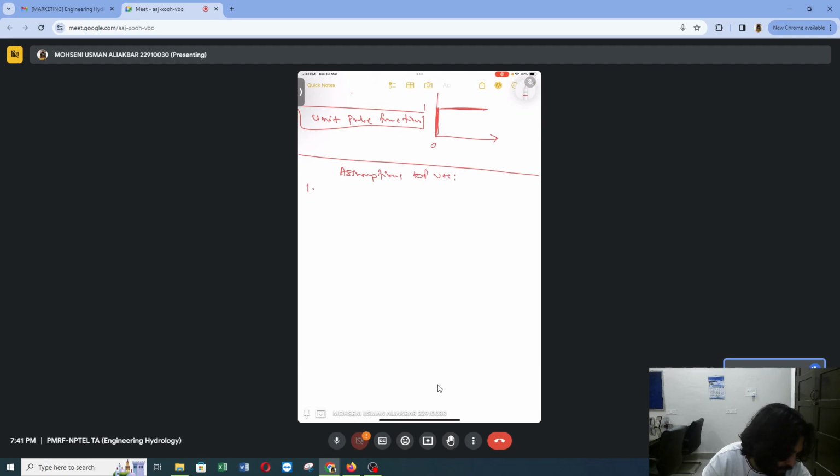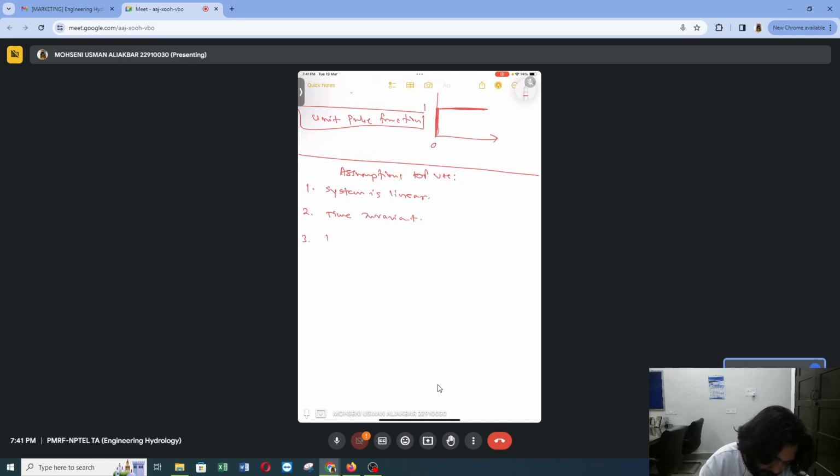The first assumption is that the system is linear. The second assumption is that the system is time invariant, which means it does not change with respect to time.